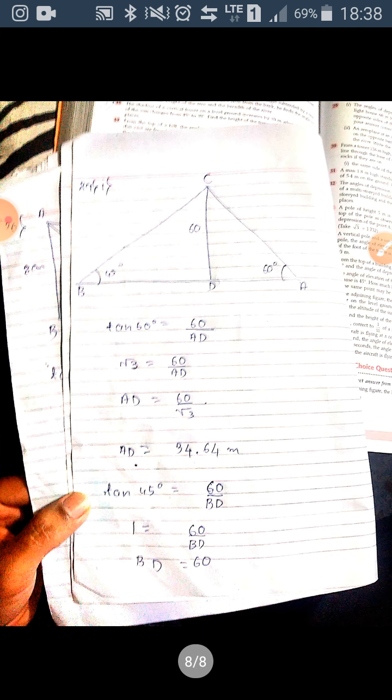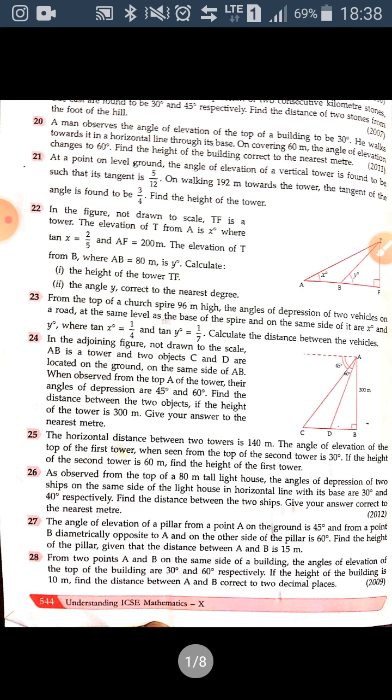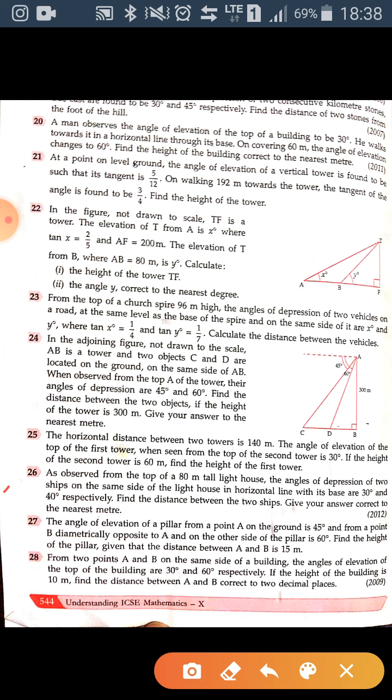Before that, there is 28. 28 I haven't solved because it is, I think, exactly similar to this lighthouse sum. 28 is exactly similar to 26, where you have a building.